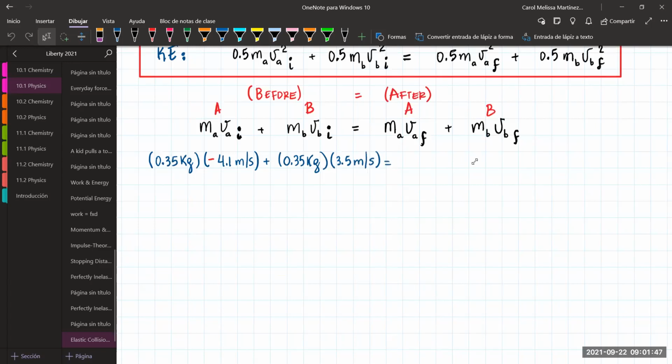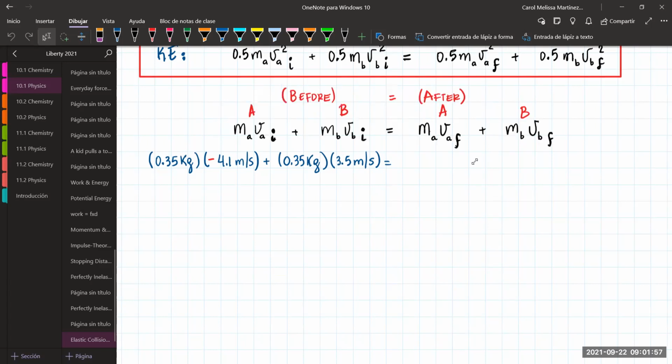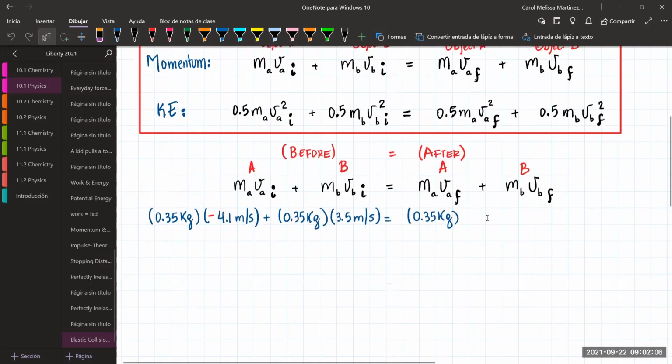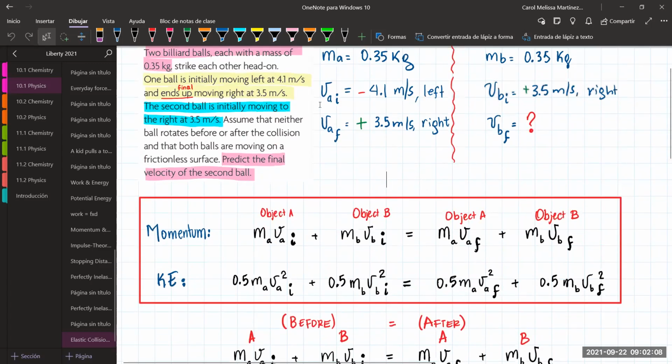All this is equal to what happens after. For the object A, I have the same mass, 0.35 kilograms. Velocity of the object A final.